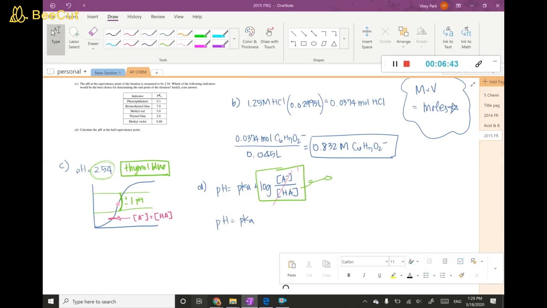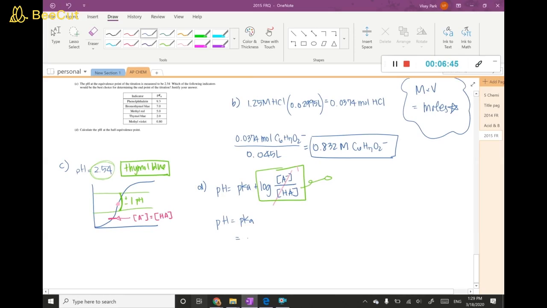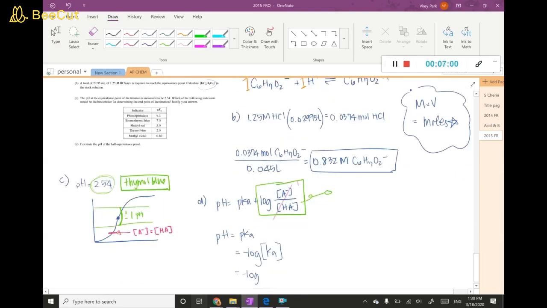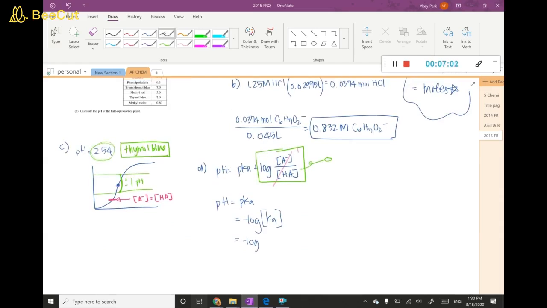And they have given us the Ka value. And what is p? It stands for negative log of whatever comes afterwards, right? So it's negative log of the Ka value. They tell us right here at the very top, it's 1.7 times 10 to the negative 5. So I'm going to plug in 1.7 times 10 to the negative 5, and I end up with 4.77, and that is going to be my pH.